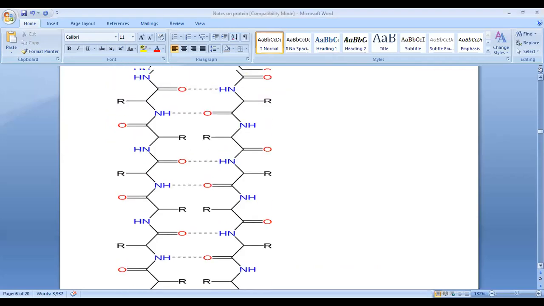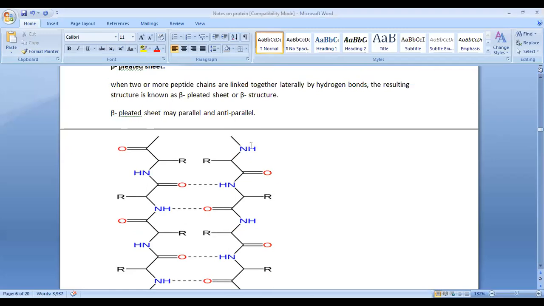Here you can see the same thing. This is N, C-alpha, C-O, N, C-alpha, C-O. Here R is written, and this is the opposite way. And there is a bond.